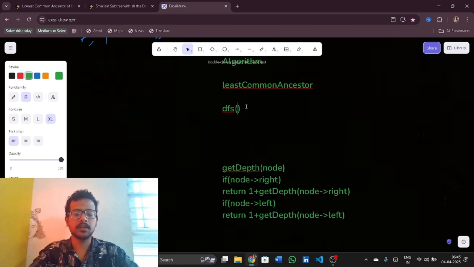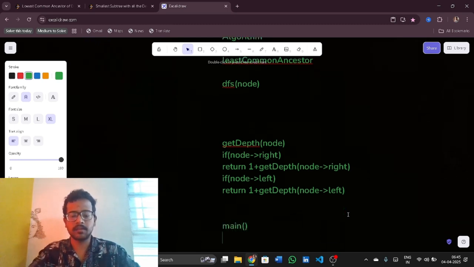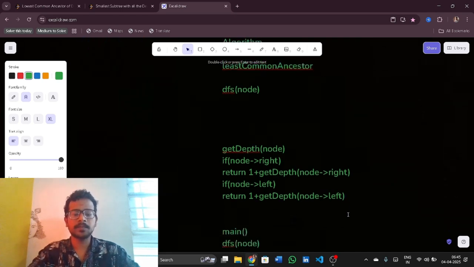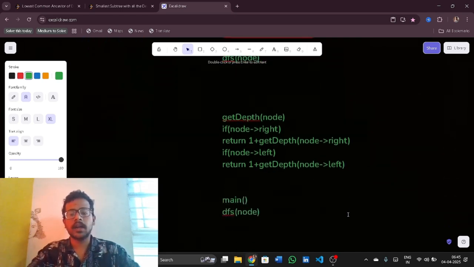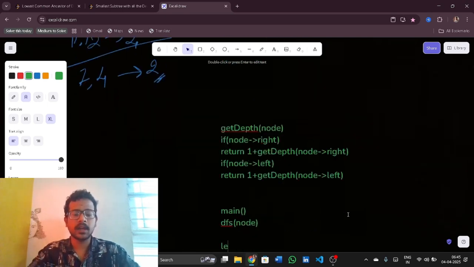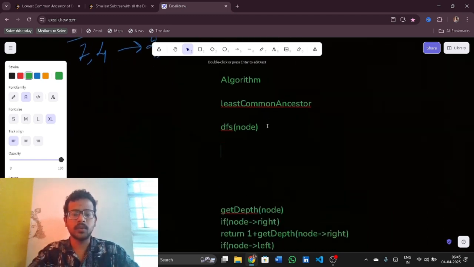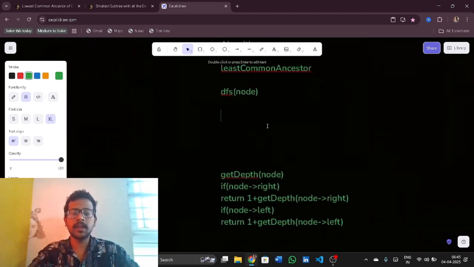Here I will be coming with the root node, like the main which is given. So I would call DFS of node. After performing a DFS, I will return the least common ancestor. Now, what does this do? Here there will be left and right subtrees, right?